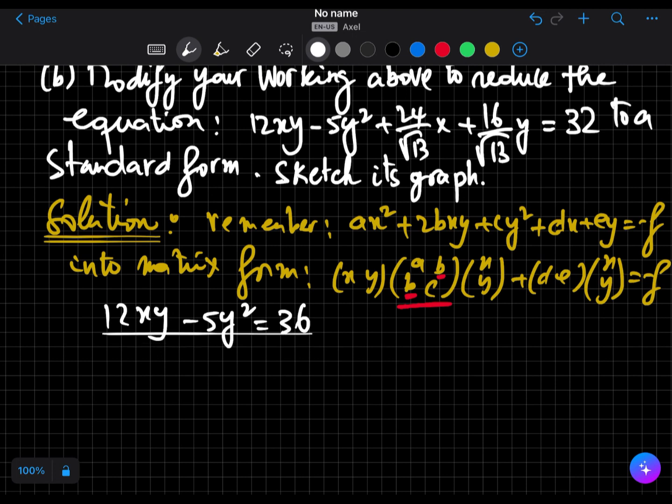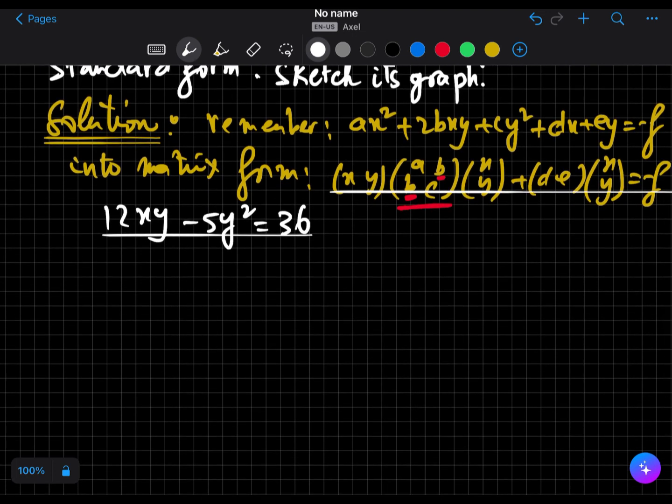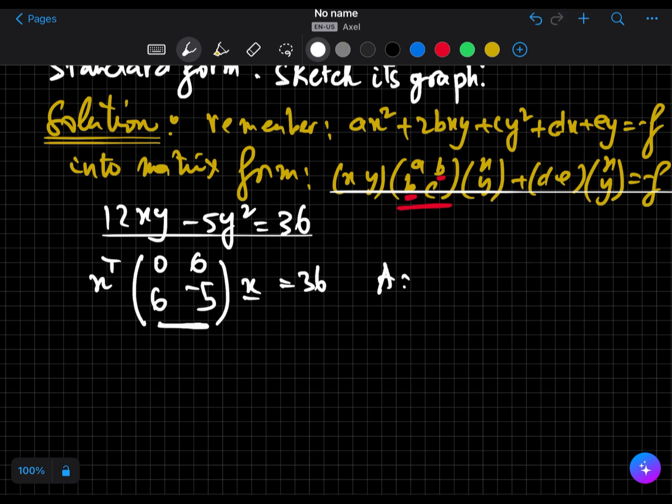Writing this equation in this form, we will have x transpose times the matrix [0, 6; 6, -5] times x equals 36. Now, I can realize that this is my matrix A, so A equals [0, 6; 6, -5].